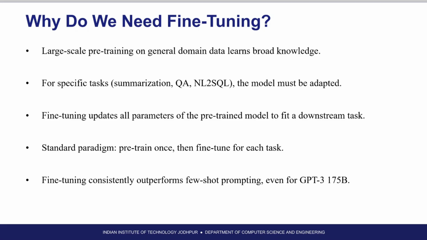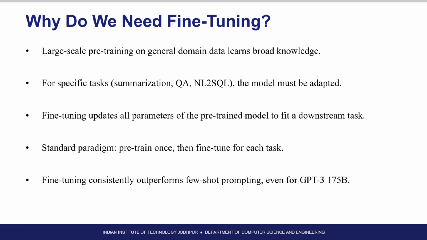But here is the thing, for a specific downstream task like summarization, question answering, or converting natural language to SQL queries, the model needs to be adapted, and the standard way to do this is fine tuning, where we take the pre-trained weights and continue training them on task specific data.